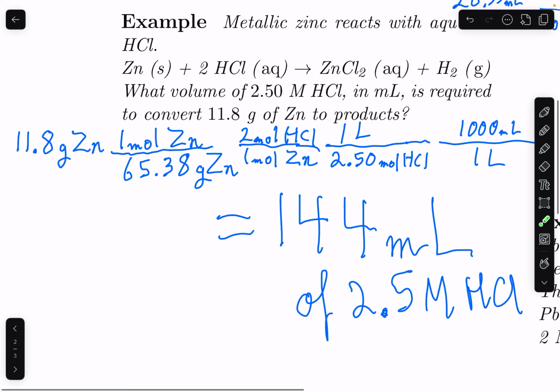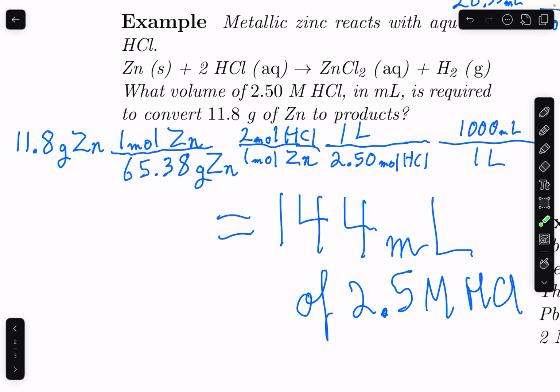So we start off with a mass of zinc, convert that to moles using the atomic mass of zinc, convert moles of zinc to moles of hydrochloric acid by using the stoichiometric ratio. For every 1 mole of zinc that reacts, it's going to need 2 moles of hydrochloric acid.